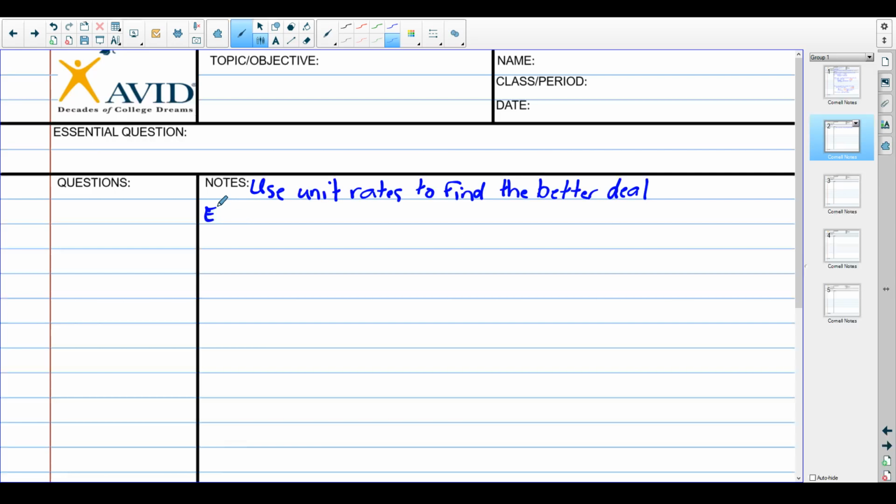Let's call this example 2, and I can't read what this says. Oh, okay. So it's a little table here. Perfectly straight line. We put bag size on the left and cost on the right. So we have three different bags of something. 40-pound bag.